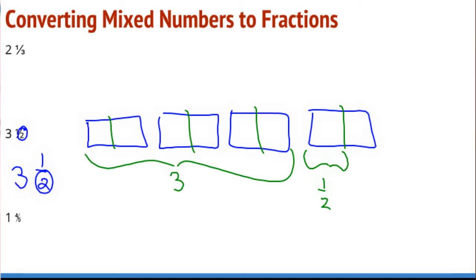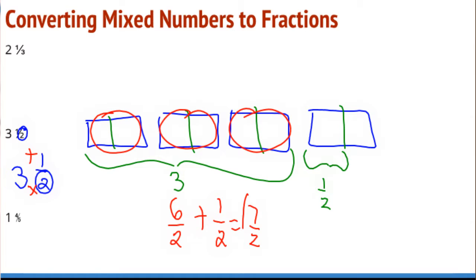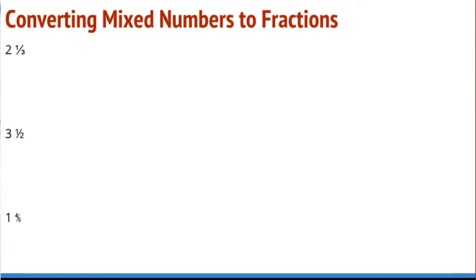In my 3 wholes, I've got 2, 4, 6 halves. 2 times 3 gives me 6. And then I need to add my other half, which will leave me with 7 halves. 2 times 3 is 6, plus 1, 7. 7 what? 7 halves.